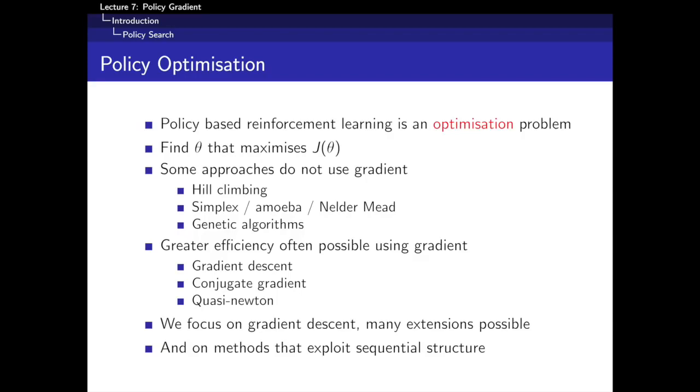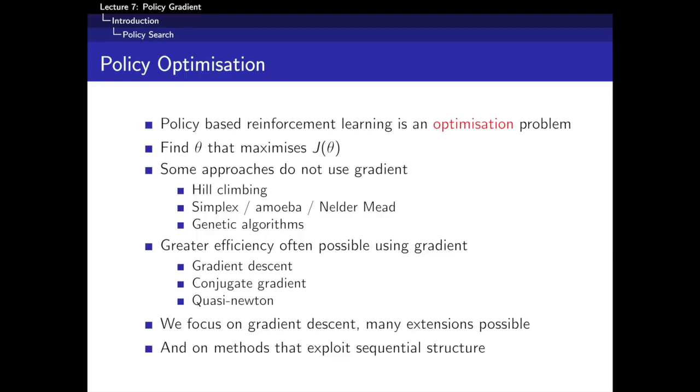So we will focus on gradient descent, the simplest instance of this. Of course, once you understand how to do gradient descent, you should also understand that this can be extended to other methods, for example, second-order methods, like quasi-Newton. All of these things are possible, but I think the ideas are best illustrated and often work most effectively with the simplest case, which with very little computation, you can get a great deal of effective reinforcement learning out of this.